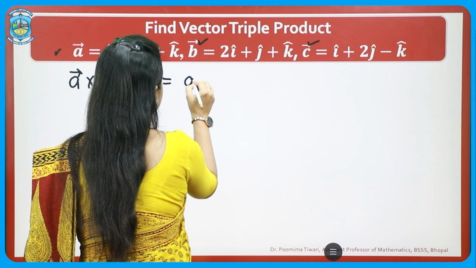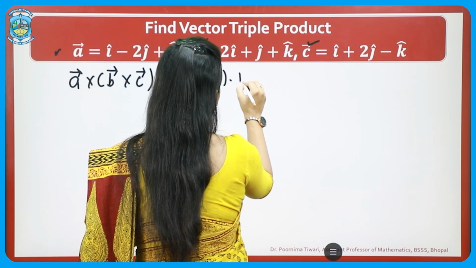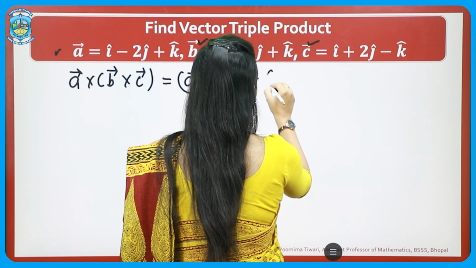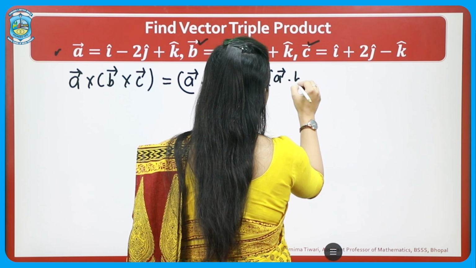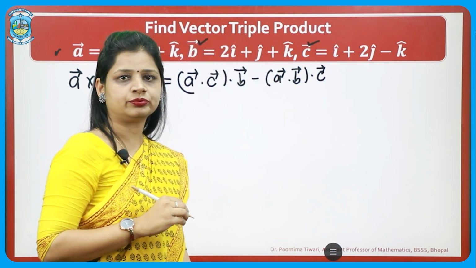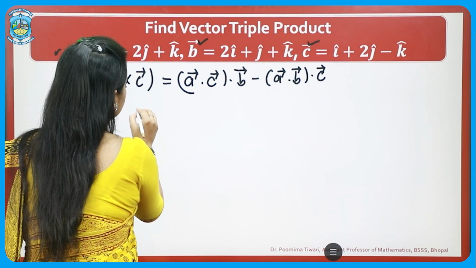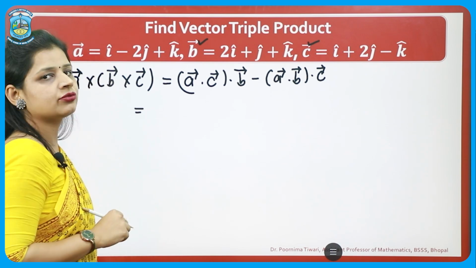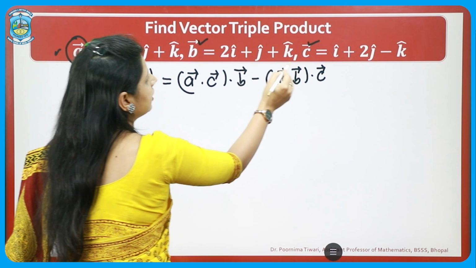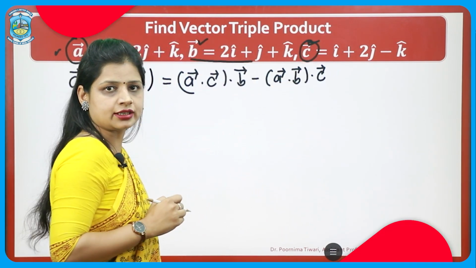That formula is (A dot C) B minus (A dot B) C. To calculate this, we have to take the dot product of vector A with C and we will write vector B as it is.